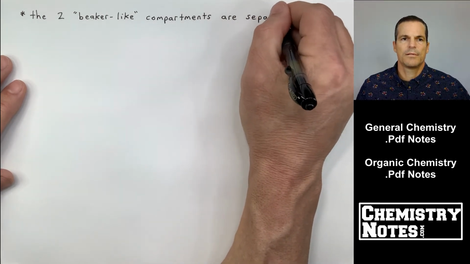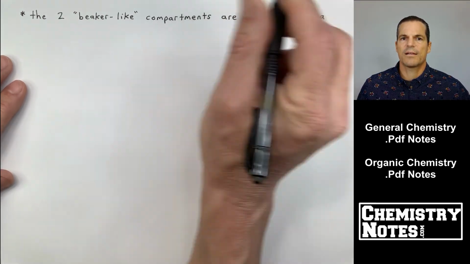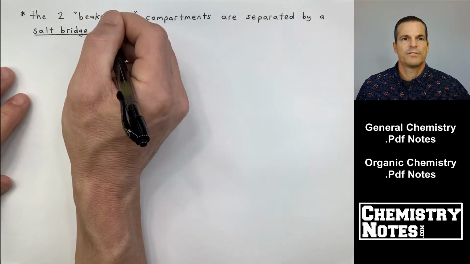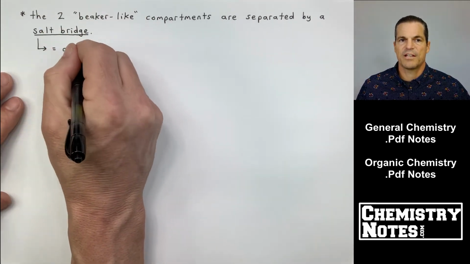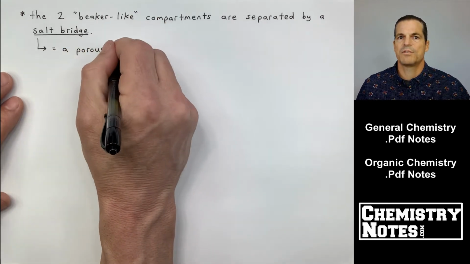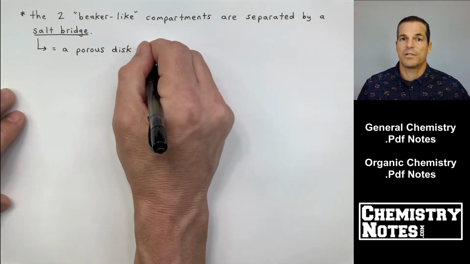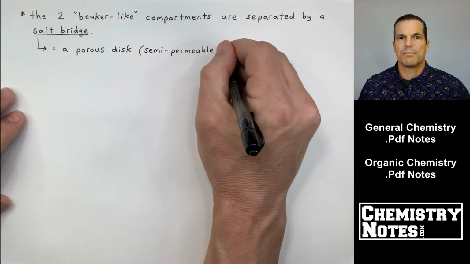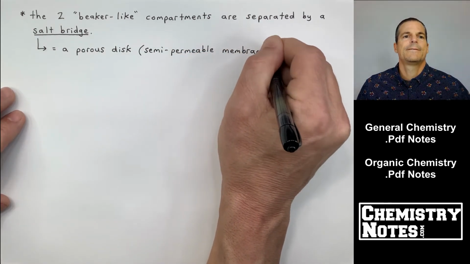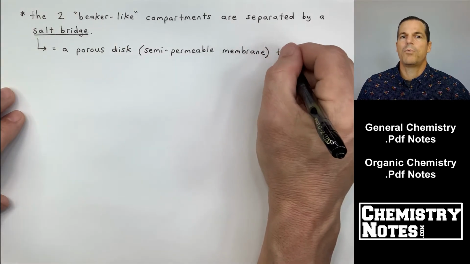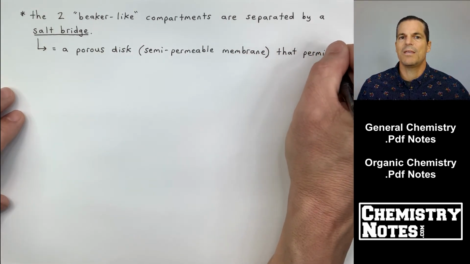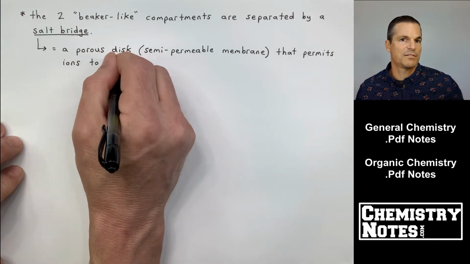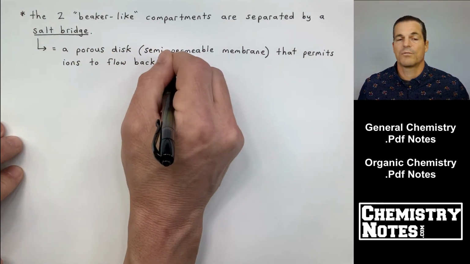It says the two beaker-like compartments are separated by a salt bridge. All I did was label it in the sketch. I didn't tell you what it was. I mentioned a porous disc, but I didn't tell you exactly what it's used for, how it completes the circuit. Salt bridge: a porous disc, in other words, a semi-permeable membrane, so it selectively allows certain ions to go through and certain stuff not to go through.